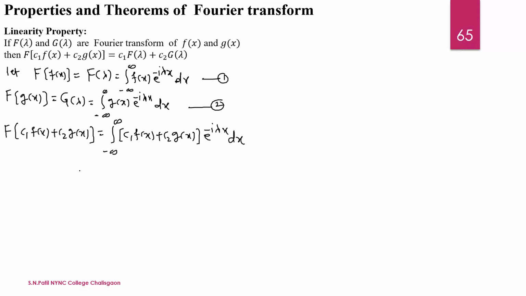Now first of all we apply the linearity property of integration, that is, integration of the first term plus integration of the second term, with the exponential function multiplied to both terms.